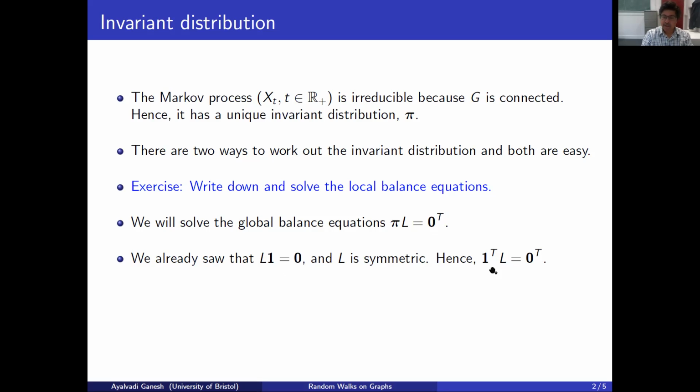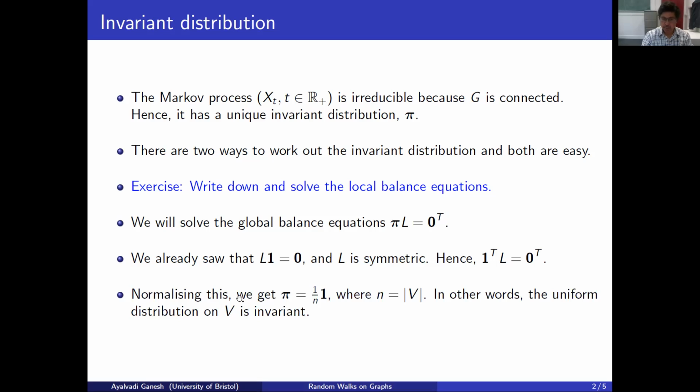If you add it up, it adds up to n, the total number of vertices, rather than to 1. But that's not a big deal. We can simply normalize it to add up to 1. So we do that by dividing by n, the total number of vertices, and then it adds up to 1. And that's an invariant distribution. That's one invariant distribution. And we also saw it's unique, so it's the only invariant distribution.